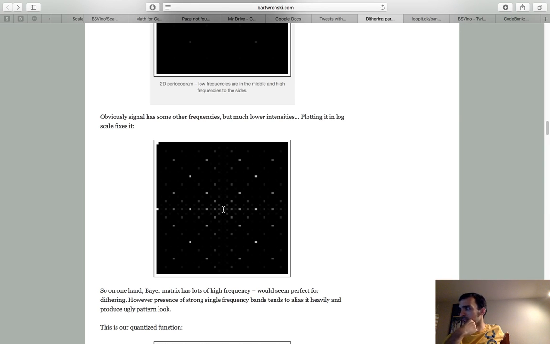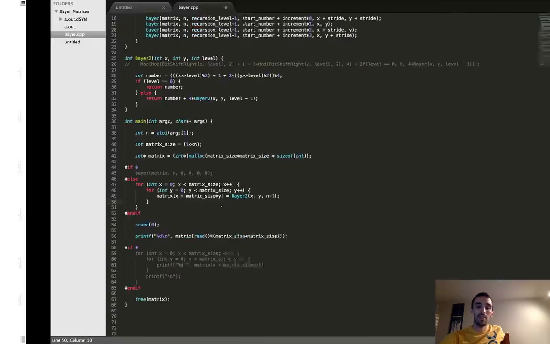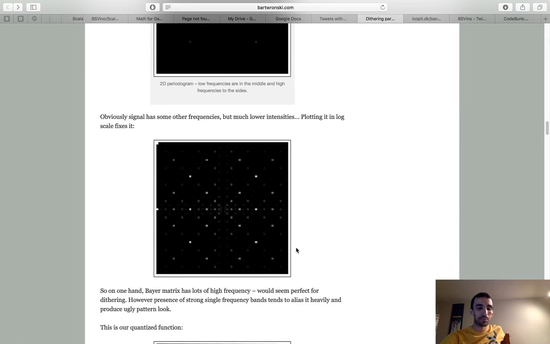Hand-drawn FFT. Love hand-drawing FFT. I feel like I've drawn this same picture 1,000 times in my life. I think the low frequencies are in the center and the high frequencies are on the outside.